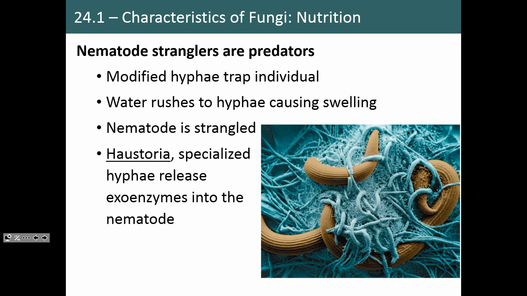And then there are these other specialized hyphae known as haustoria here that actually penetrate into the nematode's body and release the exoenzymes into the nematode's body so it starts to decompose, and then they absorb the molecules just like they would if they were breaking down anything else. So the digestion process is pretty analogous to what all fungus do, but the ability to strangle and then also have penetrative hyphae is pretty unique to this group of organisms known as nematode stranglers.